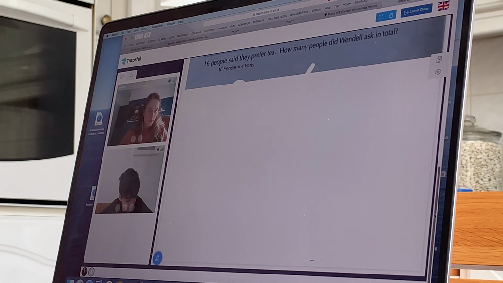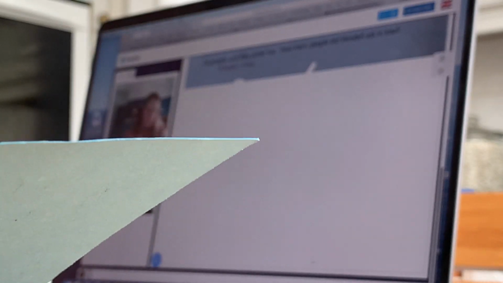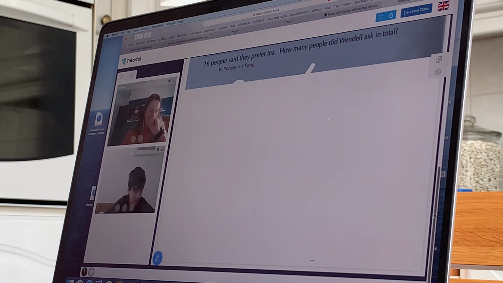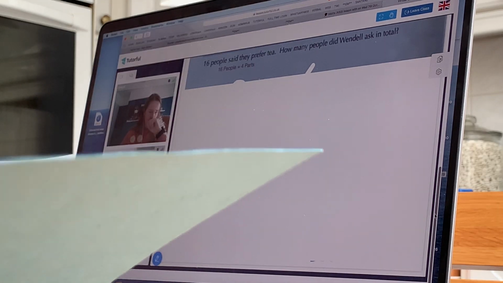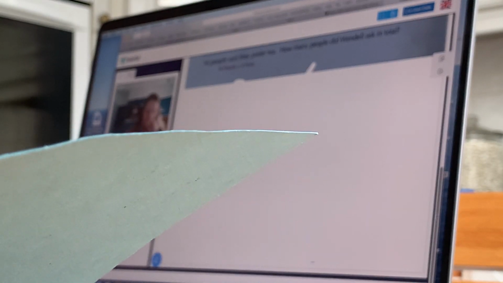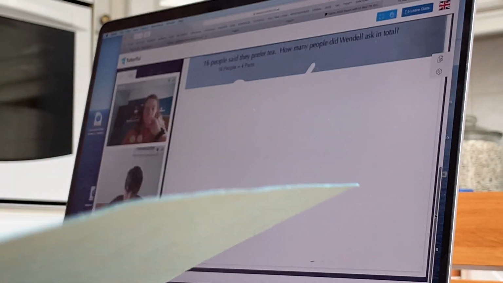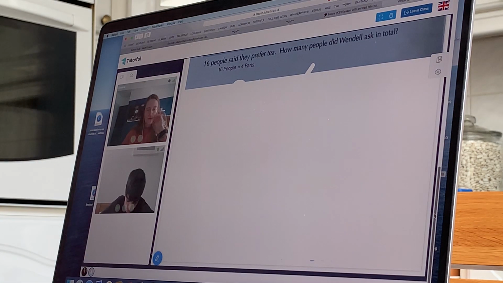Length of... hang on. 25. 30. Hang on, this is hard. 20, 30.